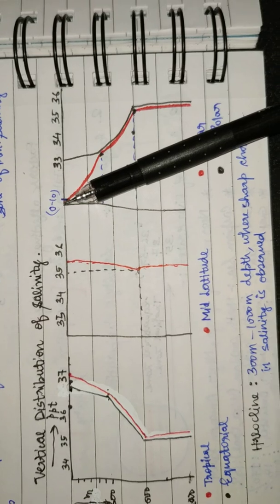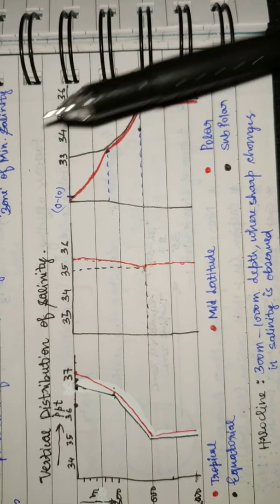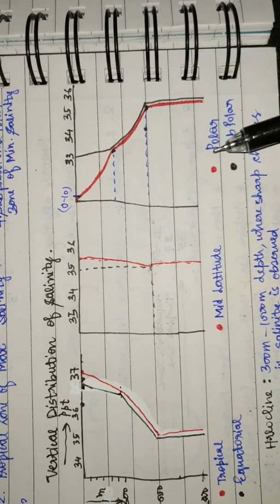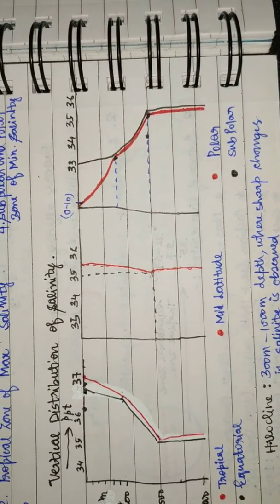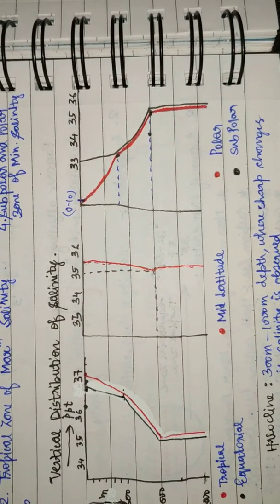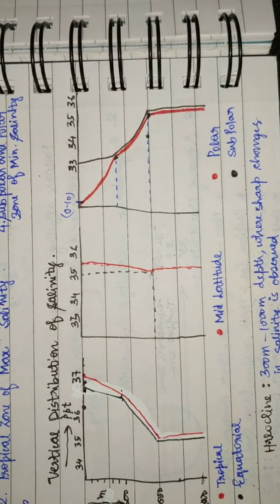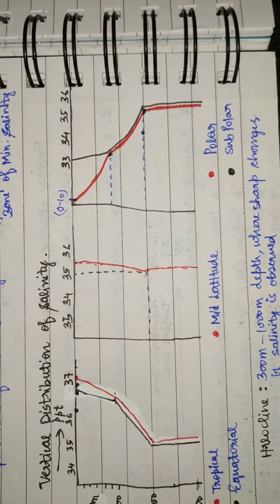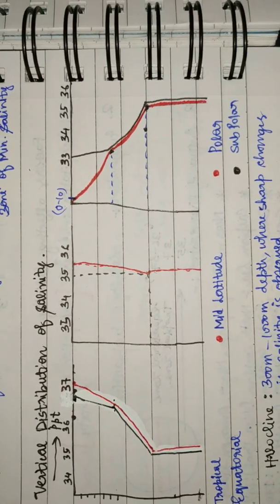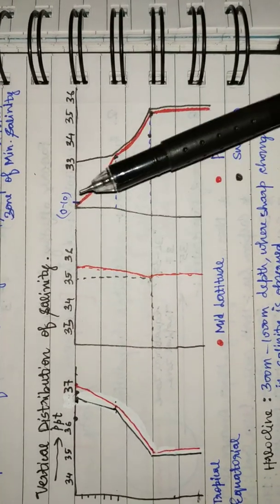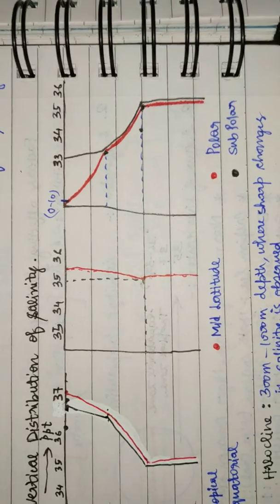The reason why the salinity starts from 0 to 10 in the polar region is because the polar region experiences 2 things. First of all, the photic lead evaporation is very less because the sunlight experienced by this region's water is very less.